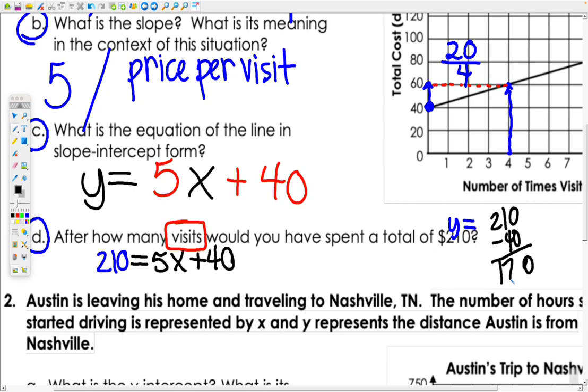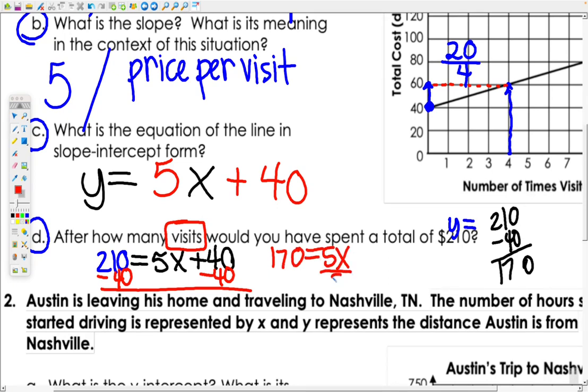Working this equation, you're doing the same thing: subtracting the 40 and then dividing by 5. So, 170.